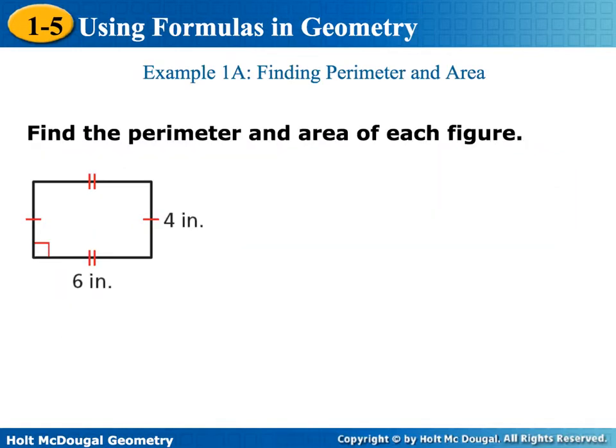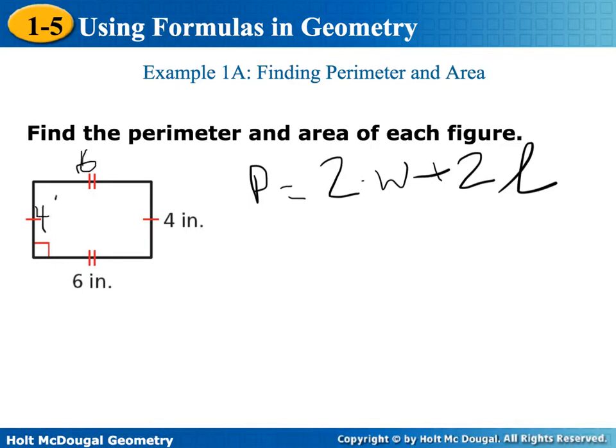Okay, so first they want us to find the perimeter and the area of each figure. I'm going to go ahead and use the formula that they use and say perimeter equals 2W plus 2L. Again, notice the tick marks. Because this has a 1 tick mark, all other lines that have 1 tick mark are congruent.